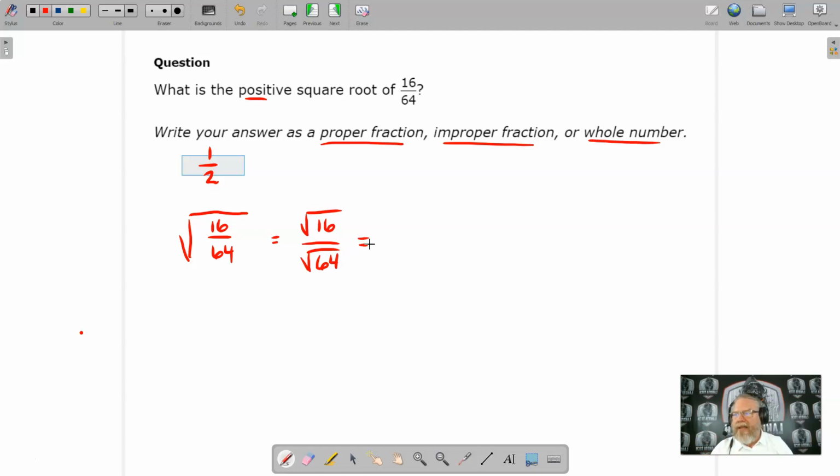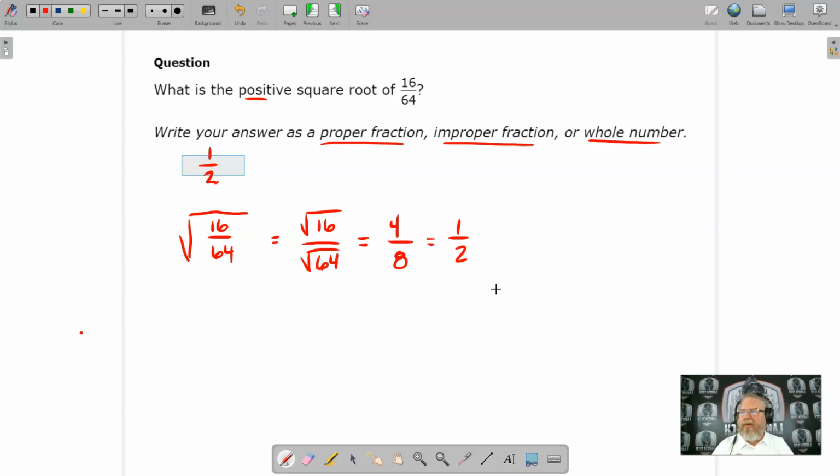Now what do you notice about 16 and 64? They're perfect squares. So square root of 16 is 4. Square root of 64 is 8. And 4/8 simplifies to, that's correct, 1/2. A little bit easier that way, right?